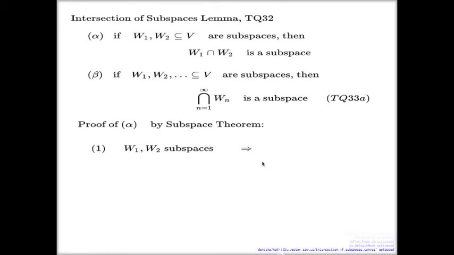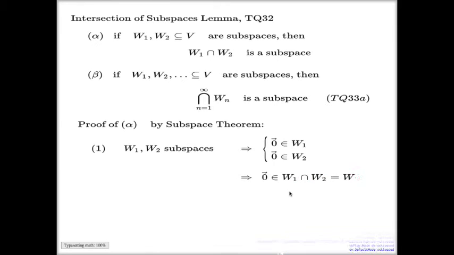So in particular, by the subspace theorem, the 0 vector must be in W1, and the 0 vector must be in W2. This is because W1, W2 are subspaces. Due to the nature of intersection, it's the common vectors, the vectors which belong both to the first one and the second one. Because 0 belongs to both of them, due to the nature of intersection, 0 belongs to the intersection of W1 and W2. Actually, let me just call this W.